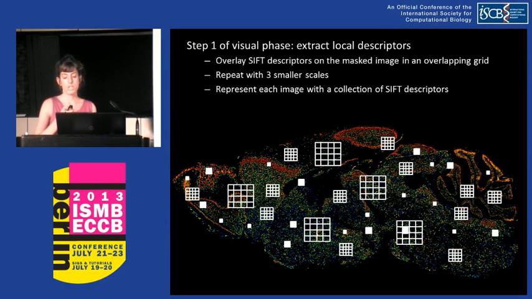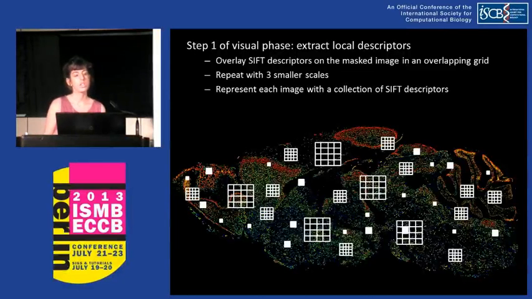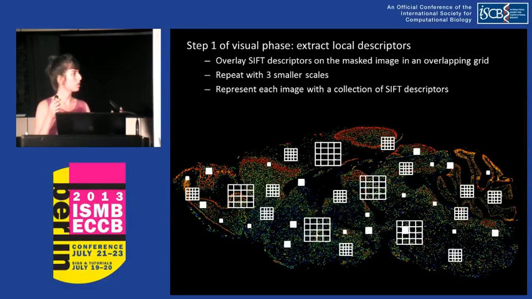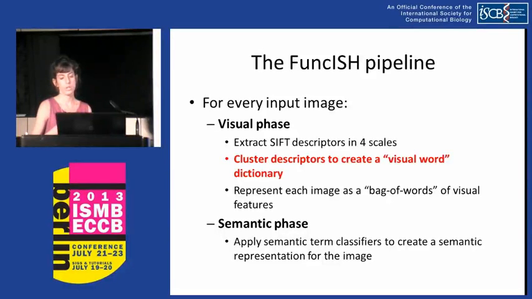Okay, so now each image is represented as a collection of SIFT descriptors, a huge collection. So we want a representation that is more compact but still captures these rich patterns. And so what we do here is define different types of descriptors, and we want to count for each image how many descriptors we have for each type. So first we create what's called a visual word dictionary.